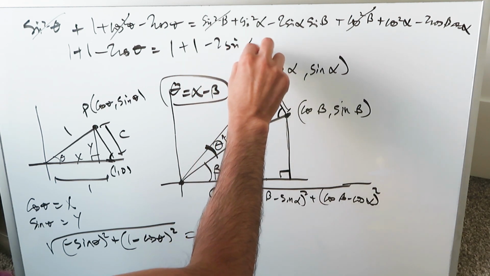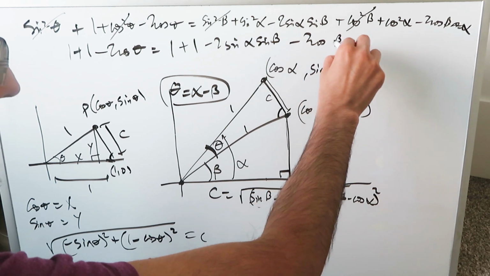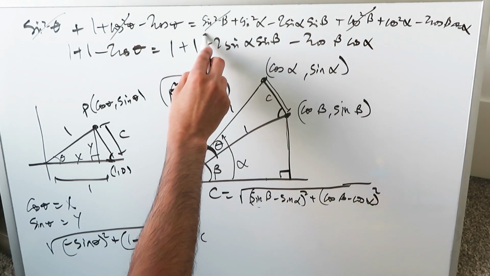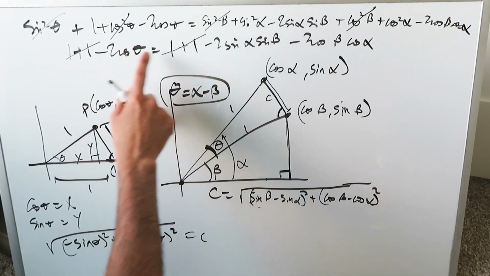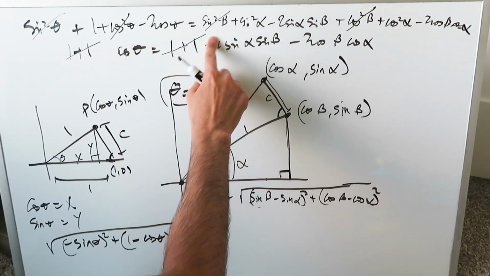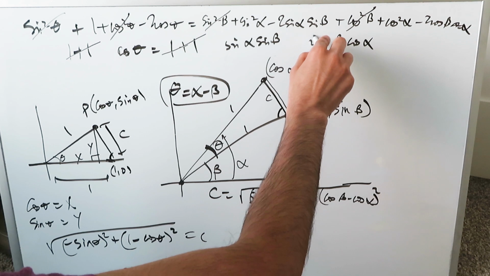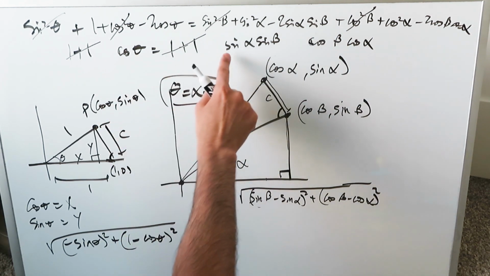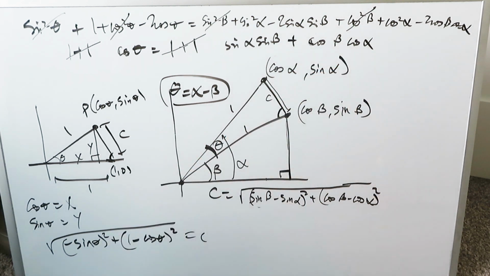Then minus 2 sine alpha sine beta minus 2 cosine beta cosine alpha. This 1 plus 1 and this 1 plus 1 will cancel out. Everything is a minus 2, so you can divide everything by minus 2 and eliminate all of these minus 2's. And look what you end up getting: cosine theta is equal to sine alpha sine beta plus cosine beta cosine alpha.